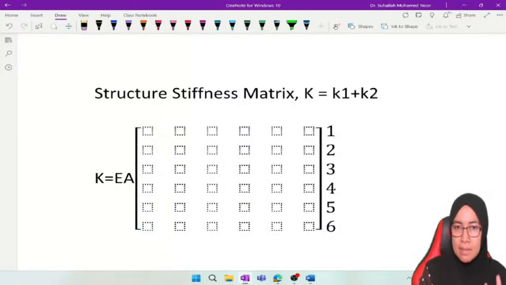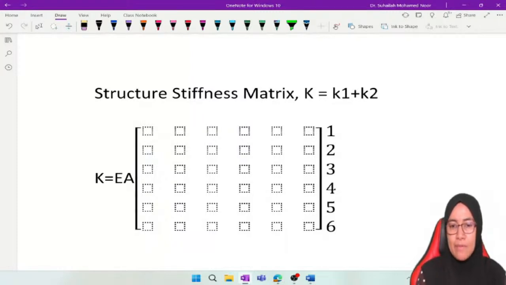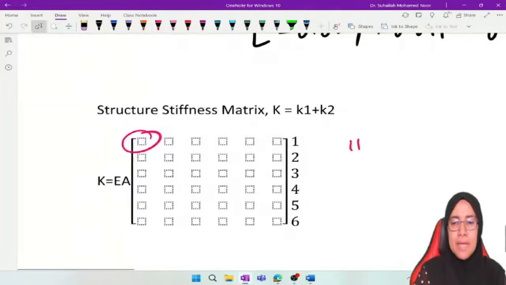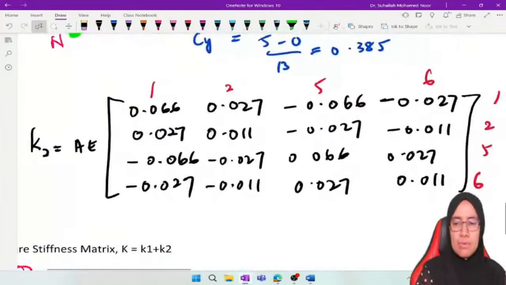All the matrix characteristics, we have to apply into this. Okay, 6 by 6 matrix. Now we want to calculate the value for position 1,1. Find the value in K1 and K2.